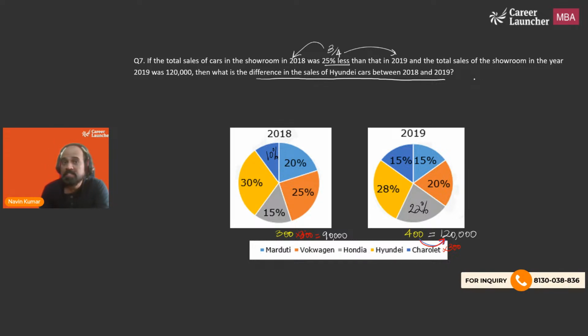What is the difference in the sales of Hyundai cars? So if you look at Hyundai cars, which is the yellow one, so it is going to be 30% of 90,000. And it's 28% of 120,000. And we need to take the difference.